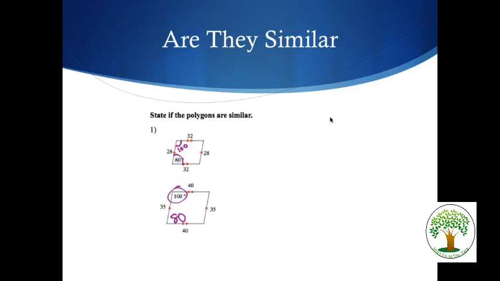So this part takes a little bit more, but not too much. So we're going to take, what corresponds with 32 on the other one? 40. So I'm going to put 32 over 40. Pick another one. What's another number on the top one? 28.